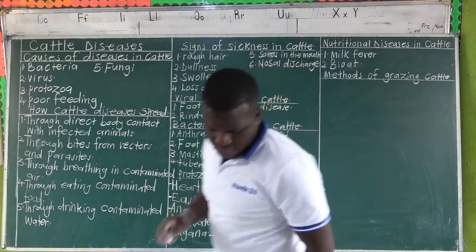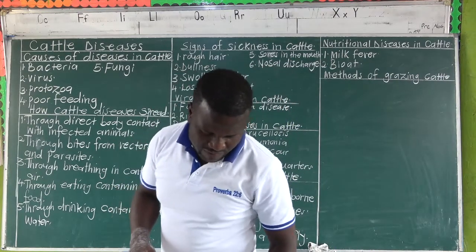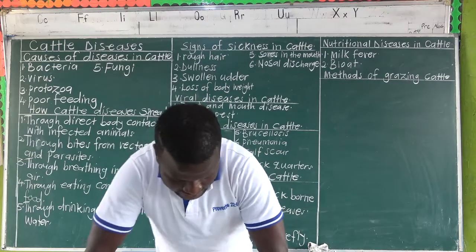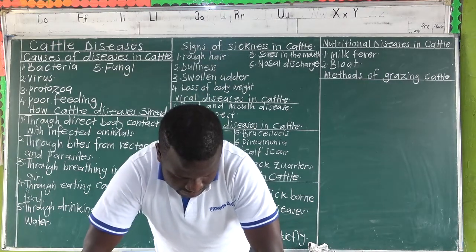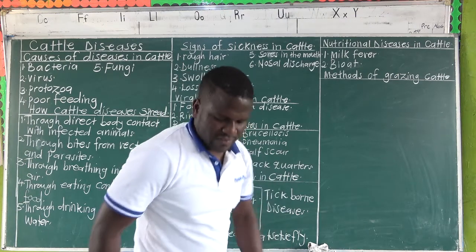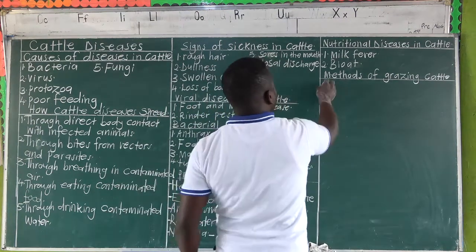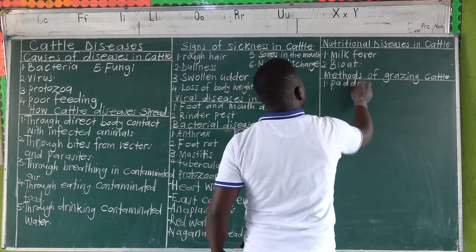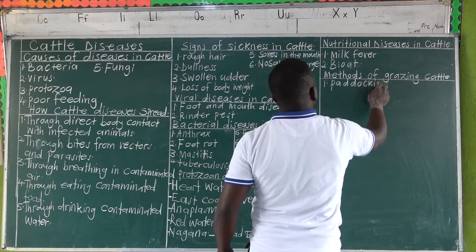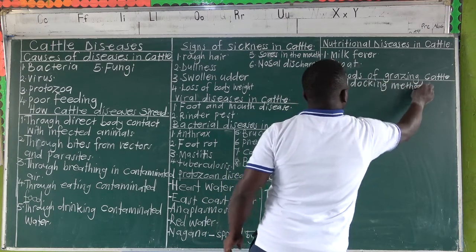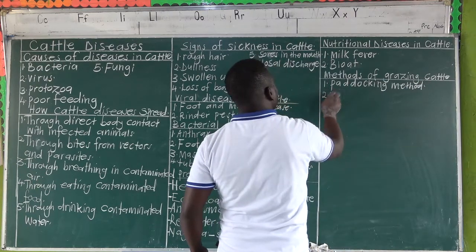So we have around 5 methods of grazing cattle. One is paddocking method, zero grazing, free range grazing, tethering, and strip grazing. So one, we have paddocking. Number two, we have zero grazing.